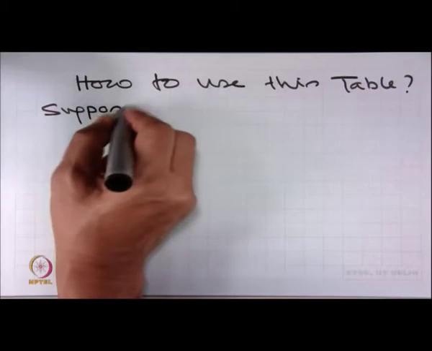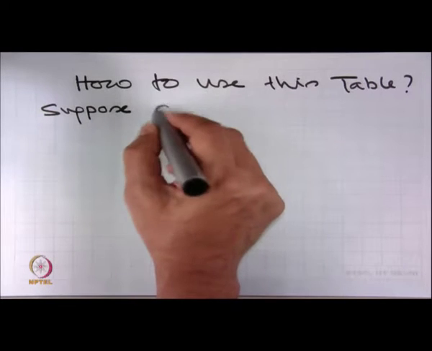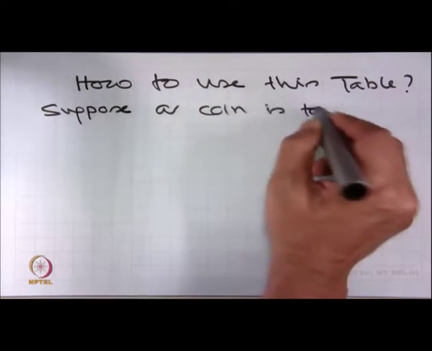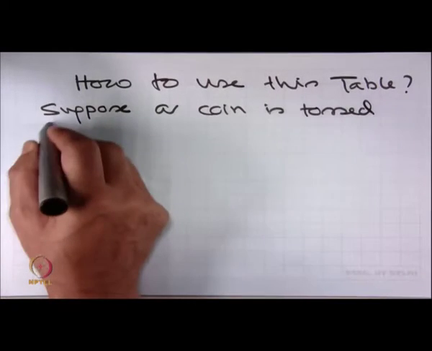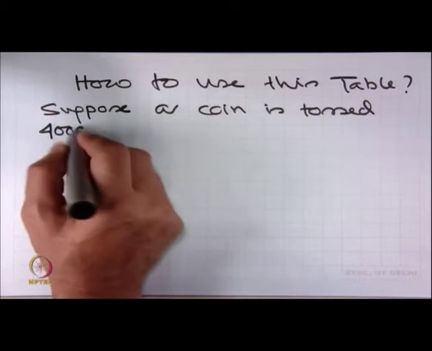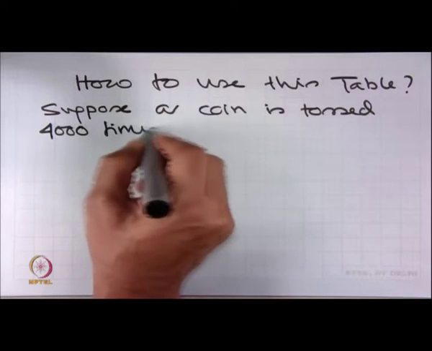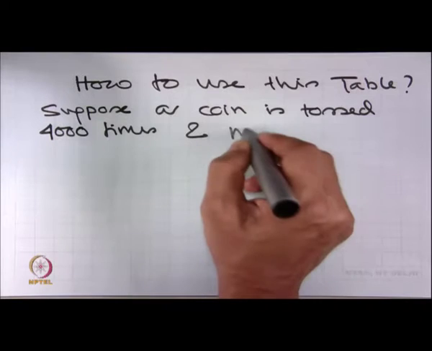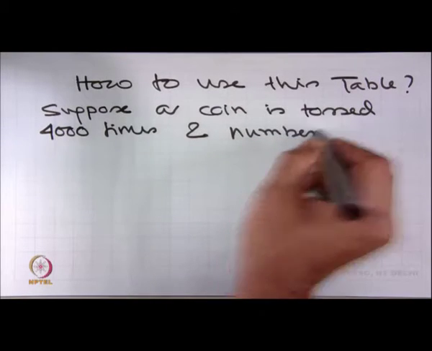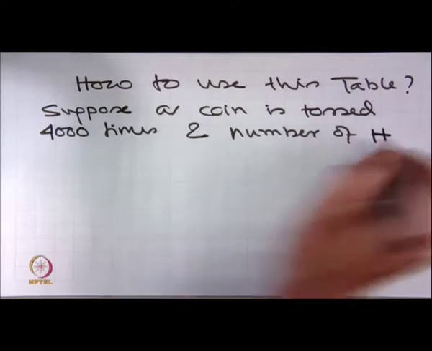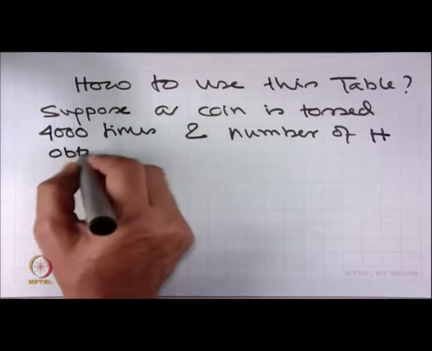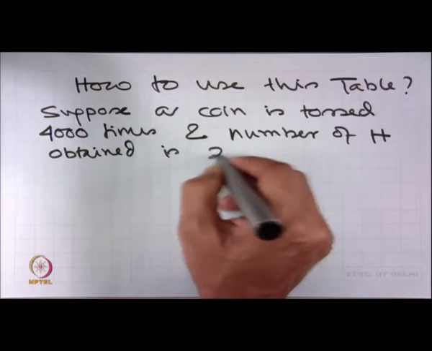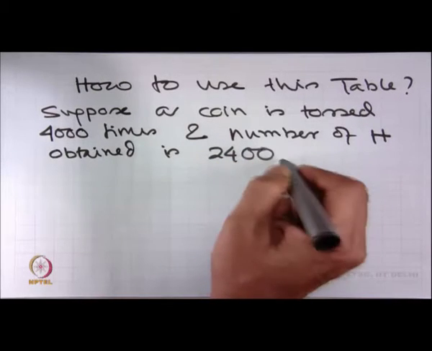Suppose a coin is tossed 4,000 times and the number of heads obtained is 2400.